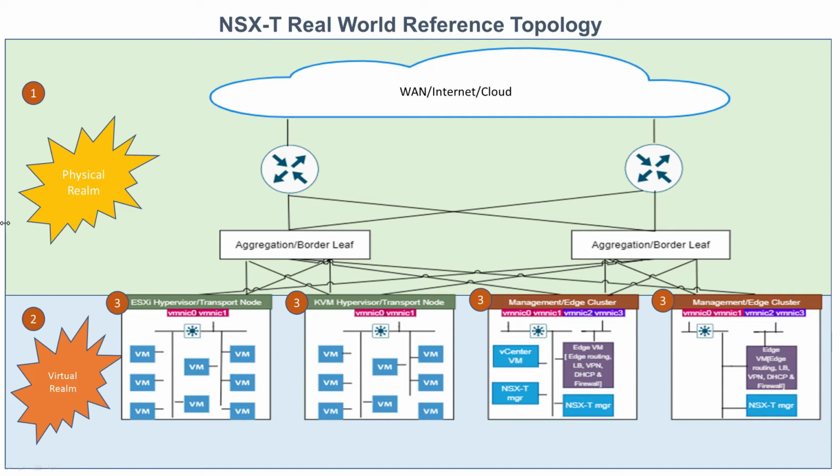There is a multi-layer switching icon which I represented as part of each of the transport nodes. When it comes to NSX-T, it is called T1 and T0 distributed logical segments and gateway functions. Using these T0, T1 functions, your switching and routing functions are localized to the host itself.